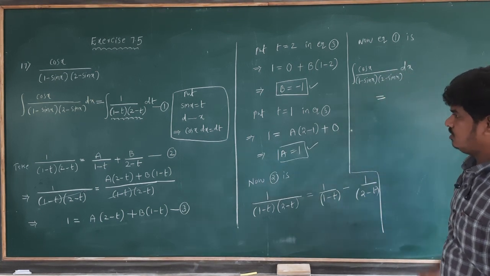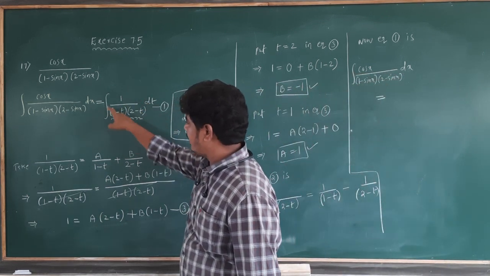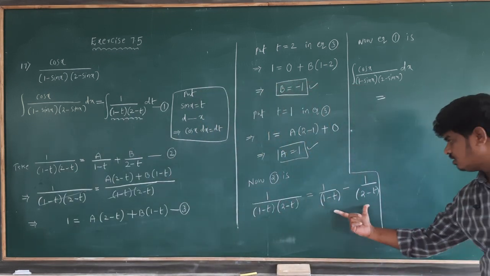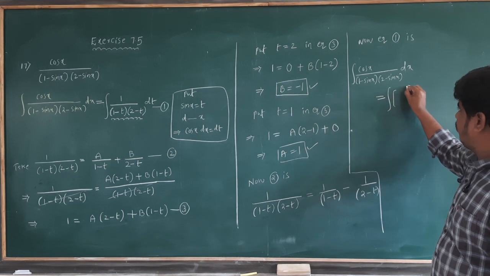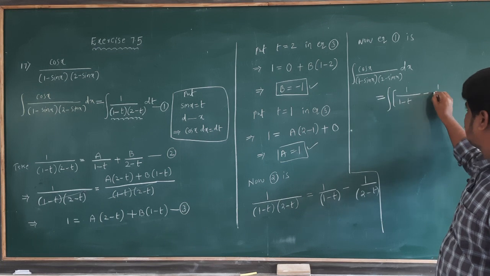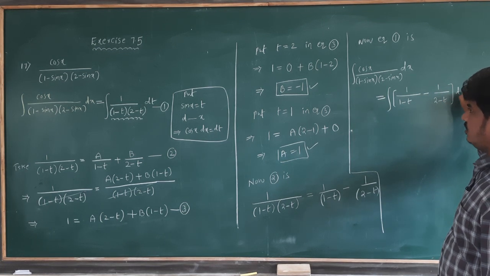In equation 1 we have this 1 divided by 1 minus t into 2 minus t, that is this one. So what is it? Integral of 1 divided by 1 minus t minus 1 divided by 2 minus t dt.